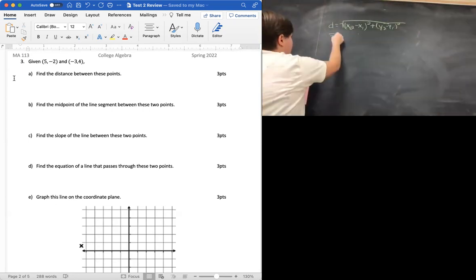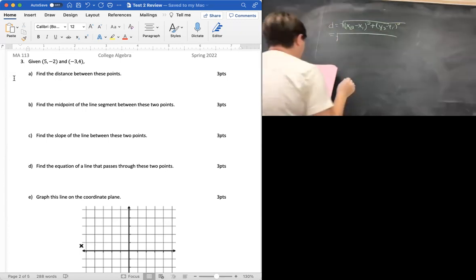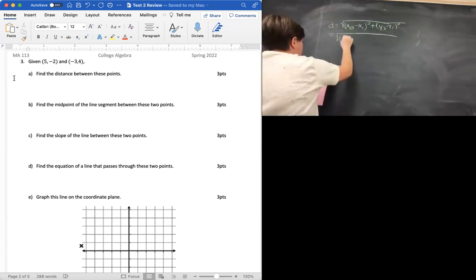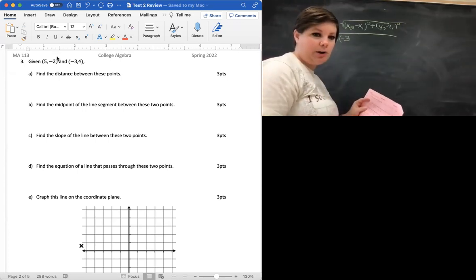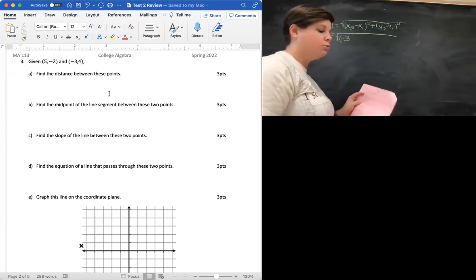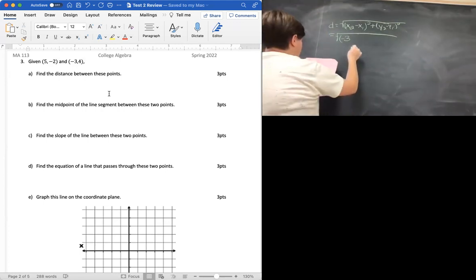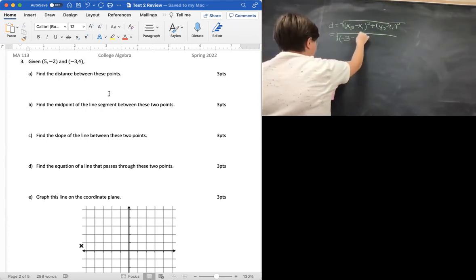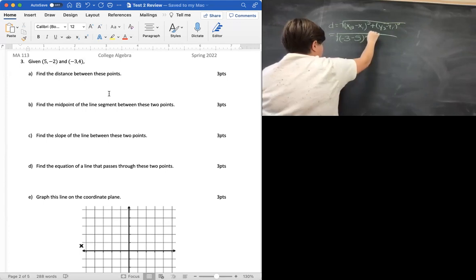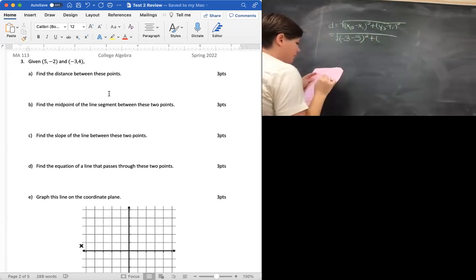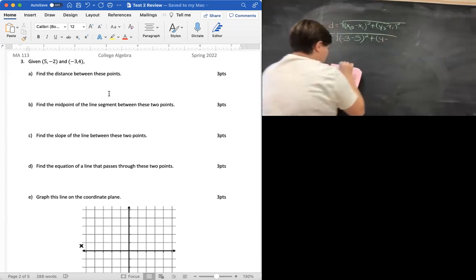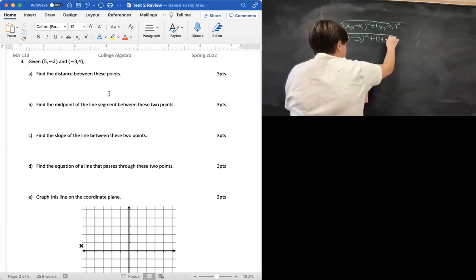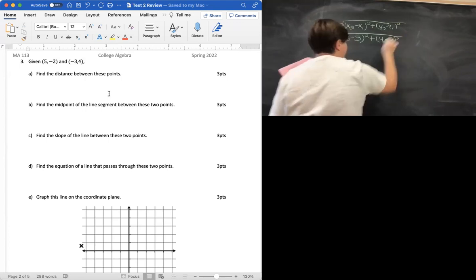So what does that mean? Well, what is our x2? Our x2 is -3, because remember, you just look at your points. This is point 1, this is point 2. So -3 minus your x1, which is 5, quantity squared, plus y2, which is 4, minus a -2, which is minus and a minus becomes a positive.